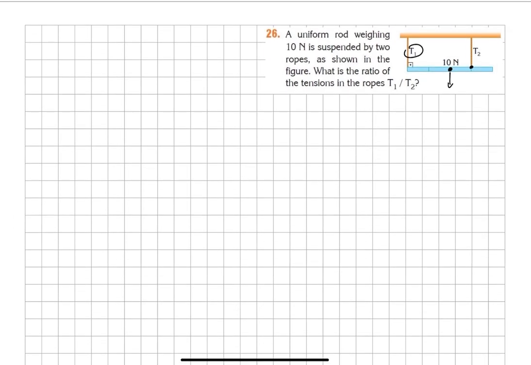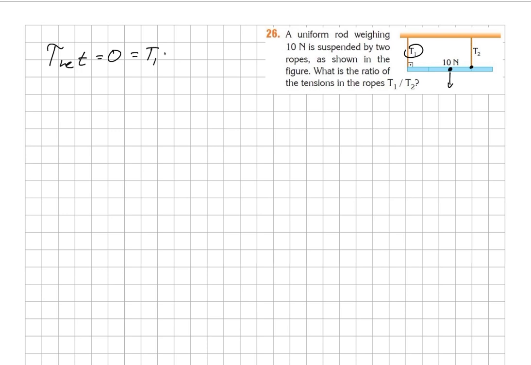To get it, we have to make the second condition of equilibrium equation. So torque net of the system is equal to 0.